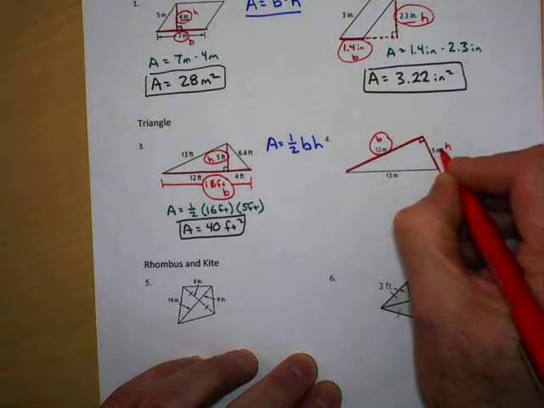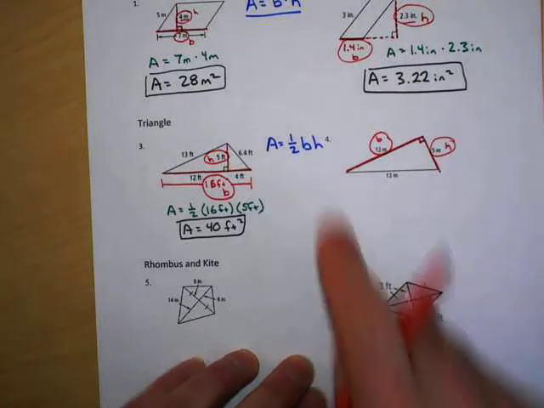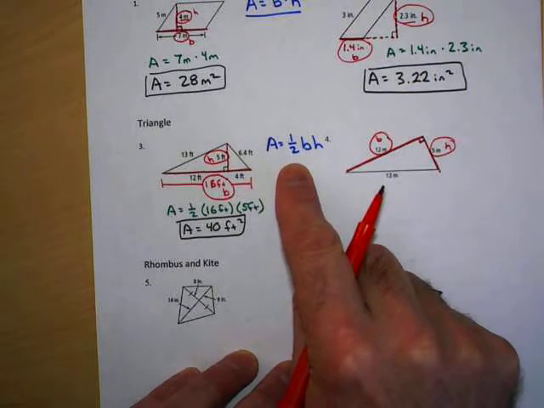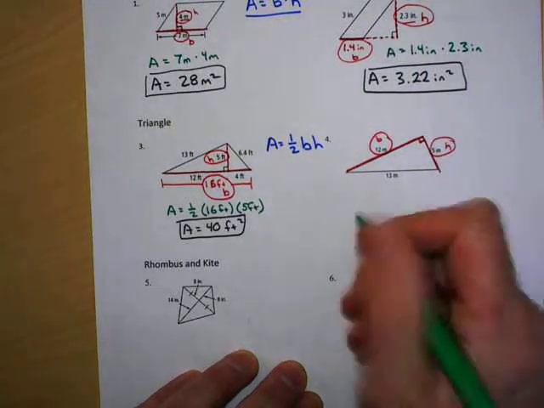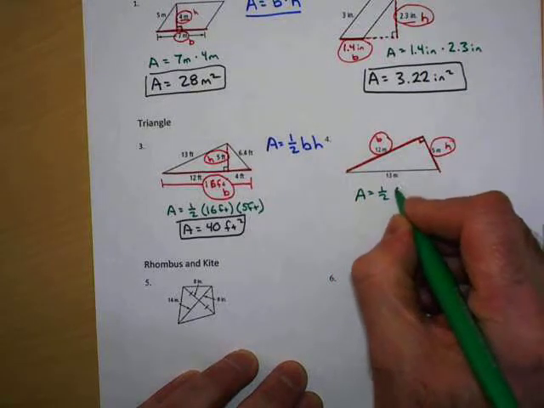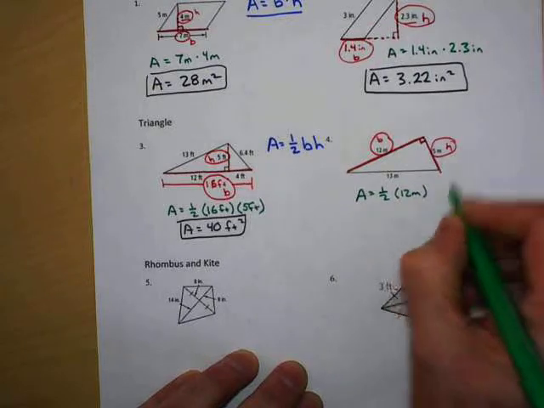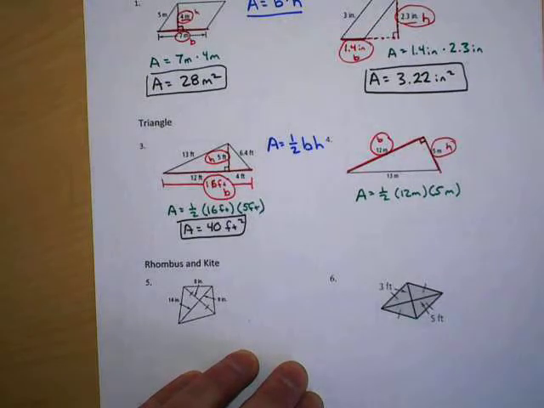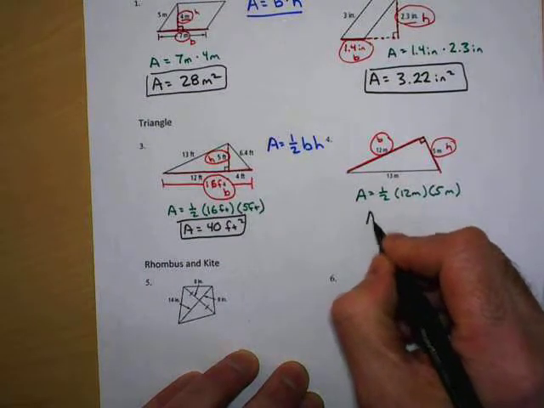Now I'm going back to my equation. When I plug those in, area equals 1/2 base, which is 12 meters, height, which is 5 meters. Multiply those together, and that should be 30 meters squared.